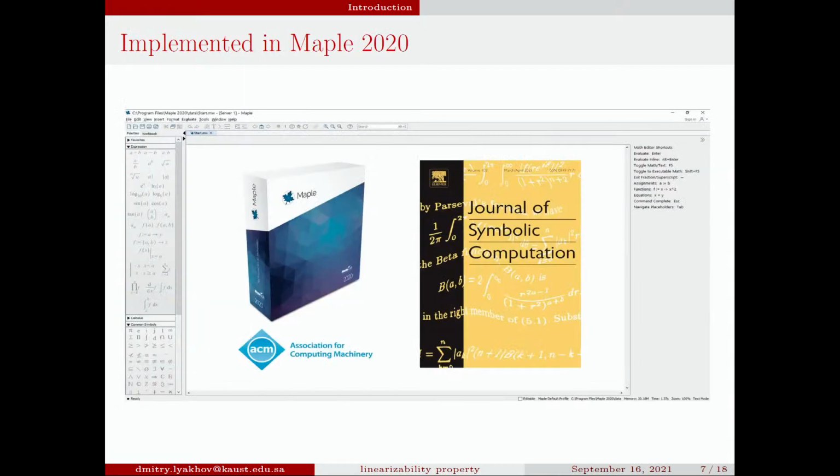Okay, so we already have some very useful packages in Maple 2020, which can help us compute a lot of algebraic structures in the Lie algebra, like a derived algebra, and will help us compute the constant coefficients.